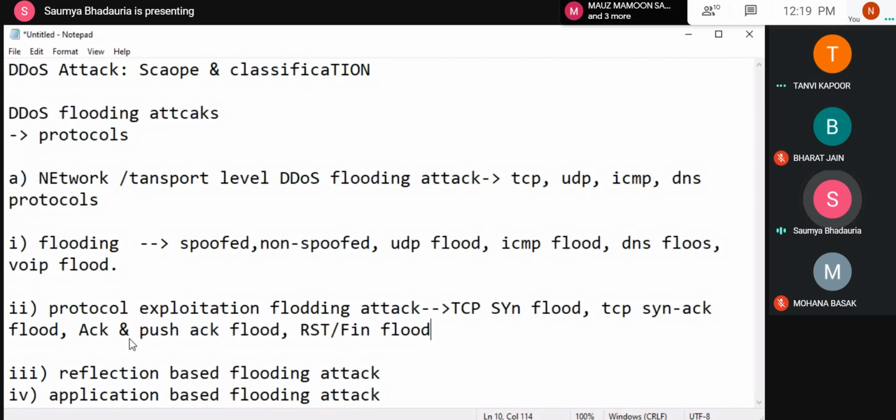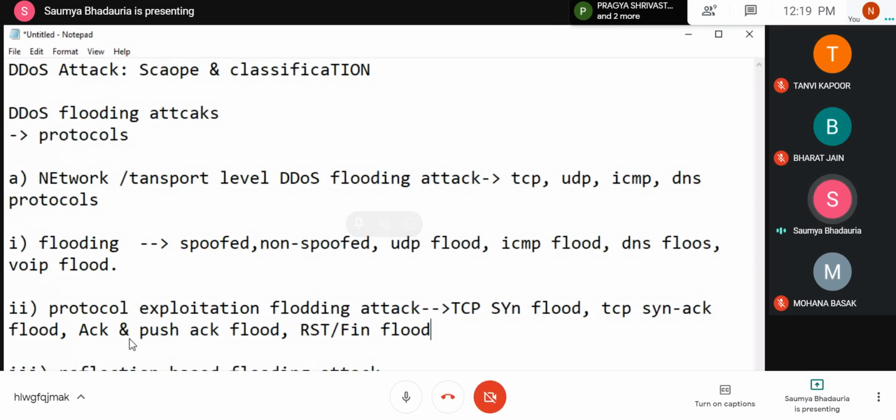Okay. Are these two used in SSL as well? SSL is what? Any idea what SSL is? Secure Socket Layer protocol. Is it a network or transport or any other layer protocol?